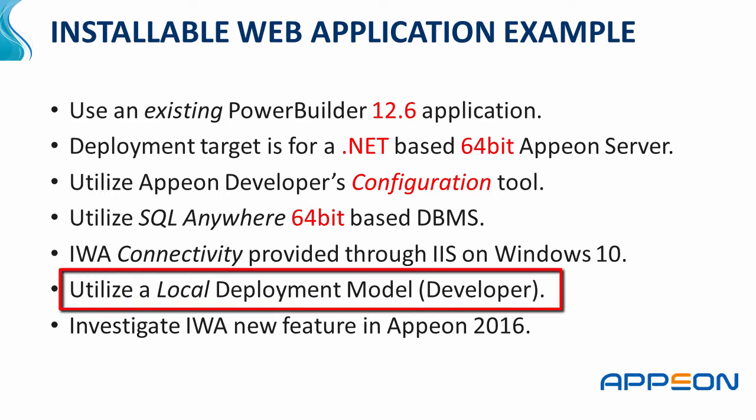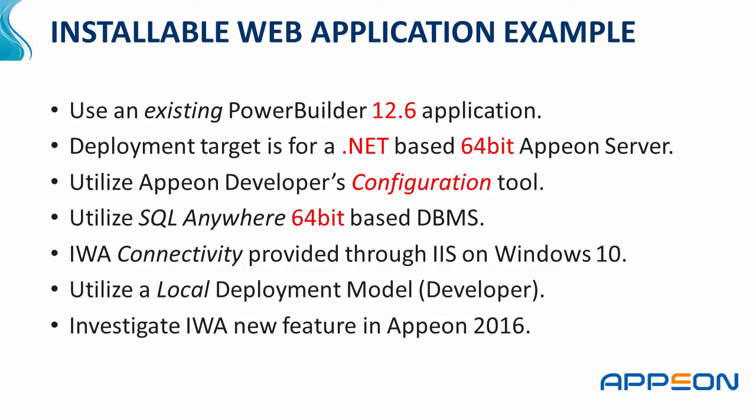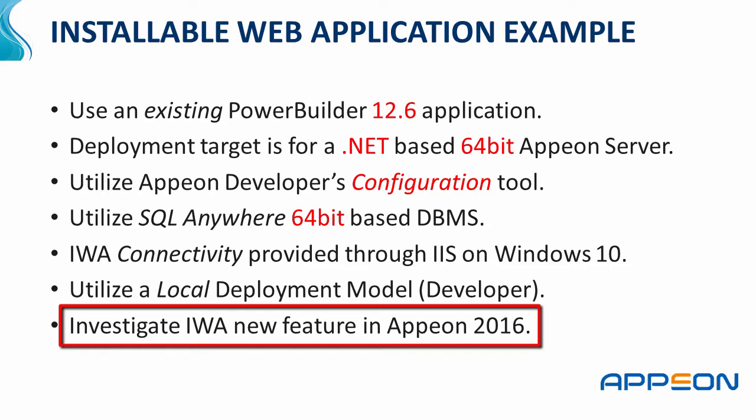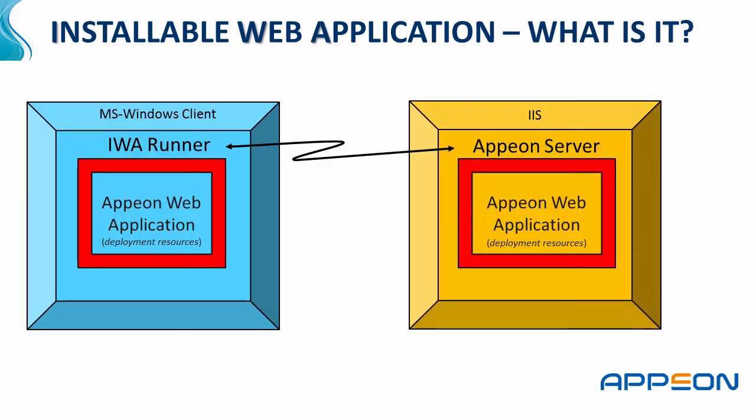We're going to utilize a local deployment model, which means PowerBuilder, the Appeon server, Appeon Developer, IIS, and the database management system are all running on the developer's PC. And through this, we're going to investigate the installable web application feature set in the new Appeon 2016 product.